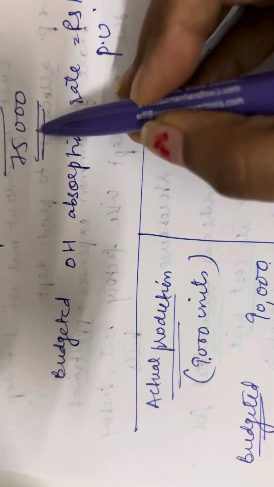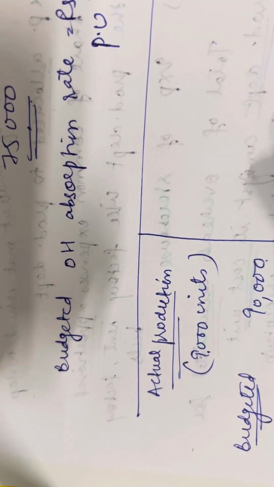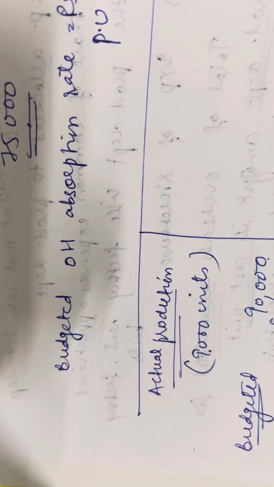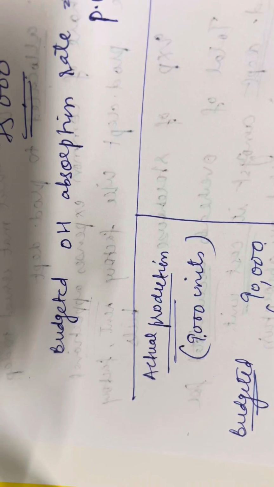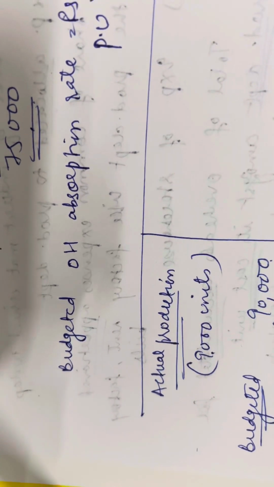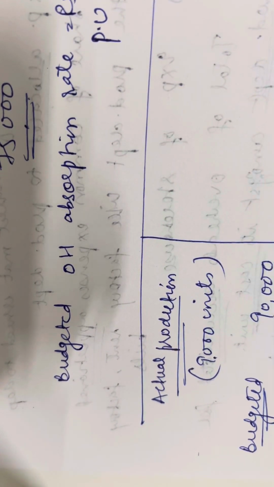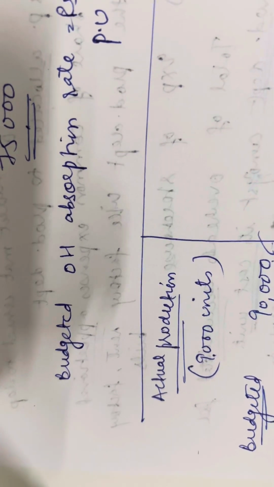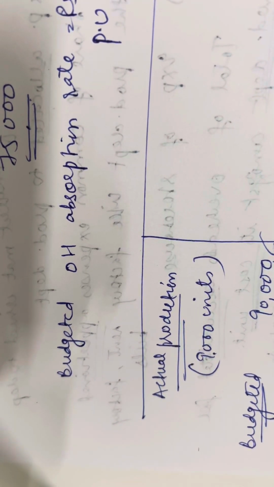Our actual expenses are 75,000. Actual is 75,000 and we have absorbed 90,000. So 15,000 is over absorbed.